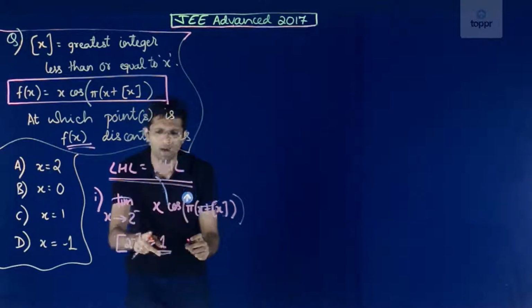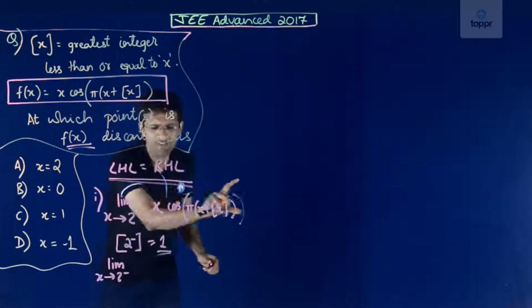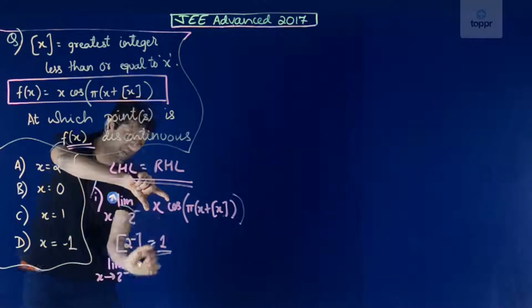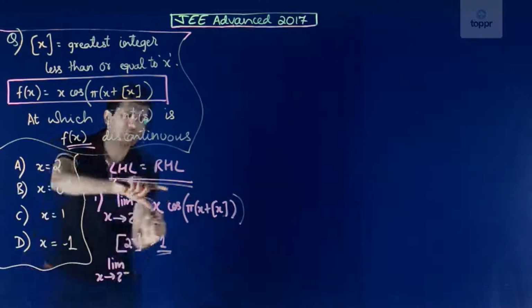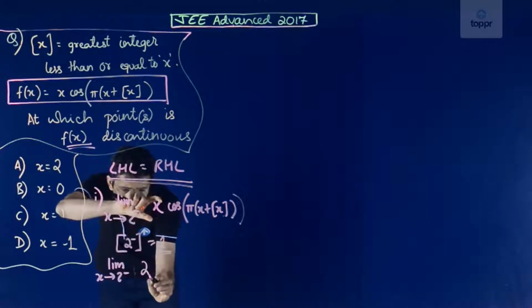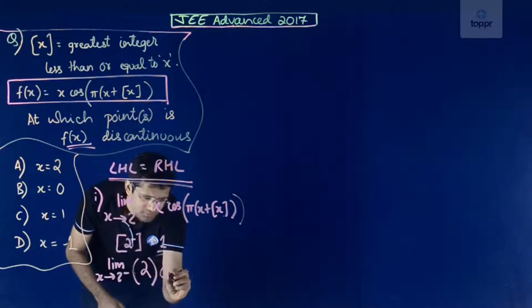And so here we can now write this is equal to the limit as x tends to 2 minus of this entire function. Note that this x will be replaced by 2 because x tends to 2 but from the negative side. Then I will write down cos as it is.